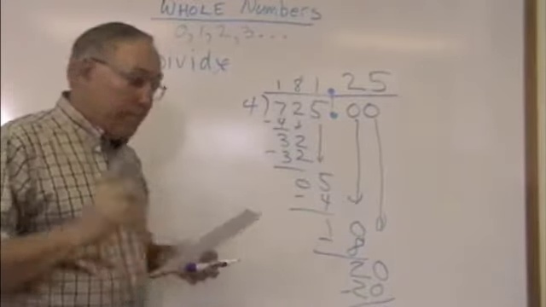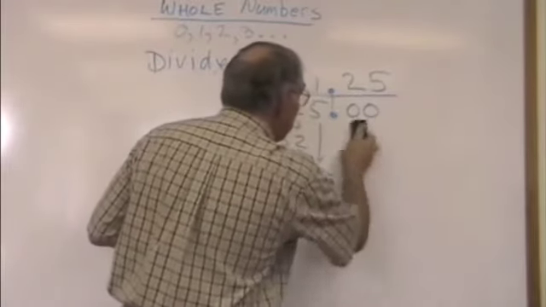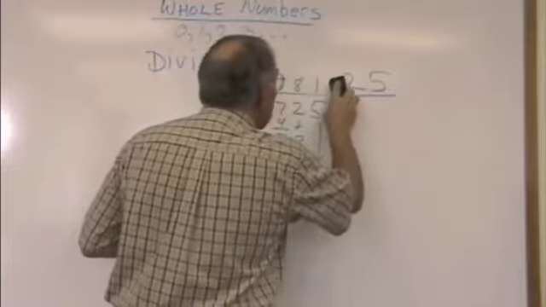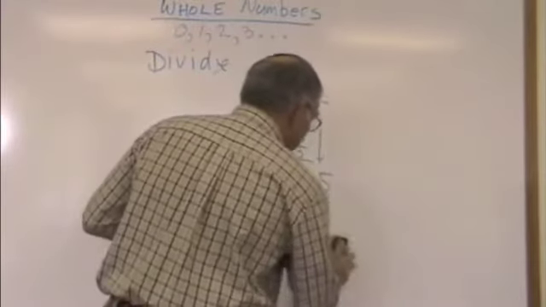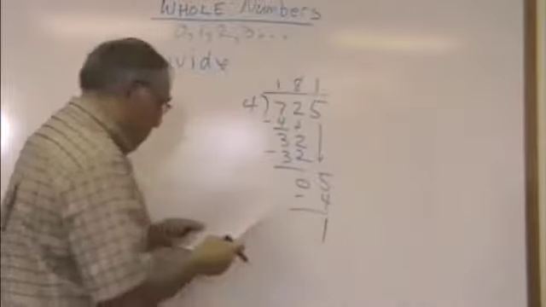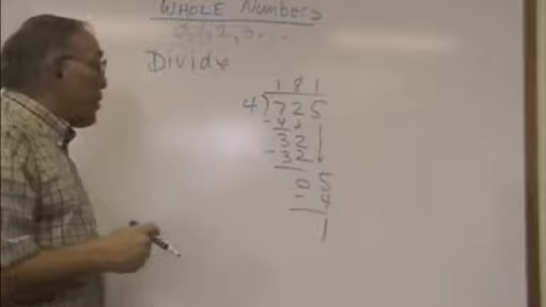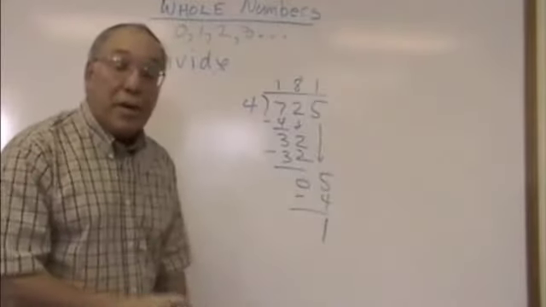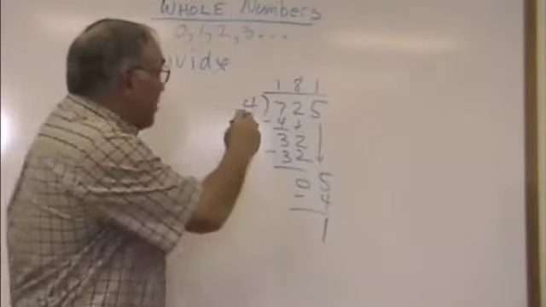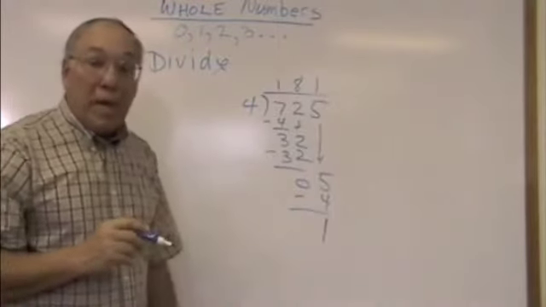There's a third thing. The third thing you can do with the remainder is turn it into a fraction. Again, this is money, $725 divided among 4 people.